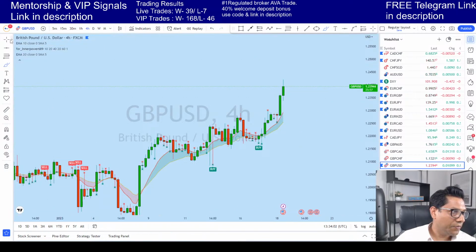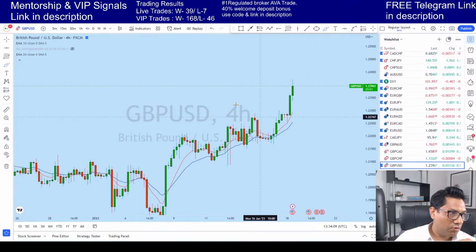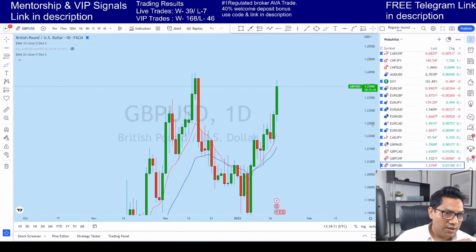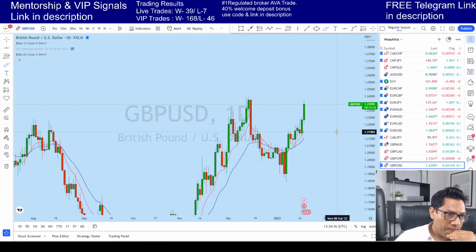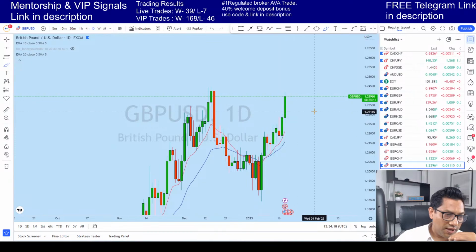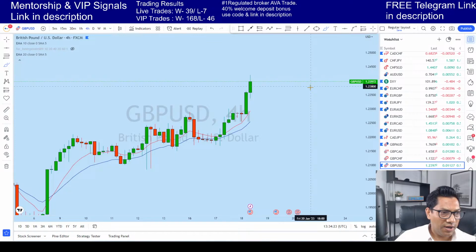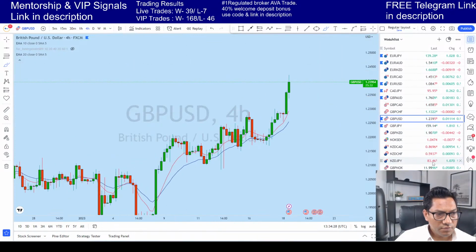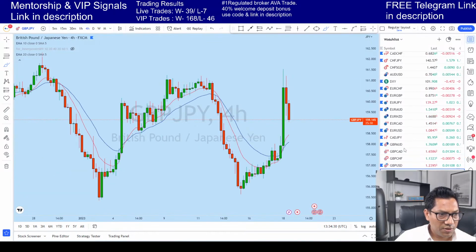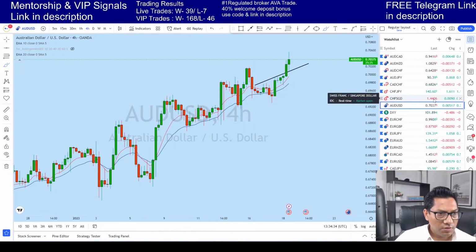As you can see, it in fact has broken out. If you look at the daily, this is the daily price action. Already there has been a movement. We need to see where will be the best place for entering a trade. So let's look at all the pairs first.